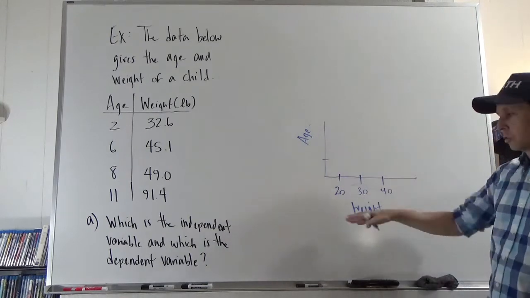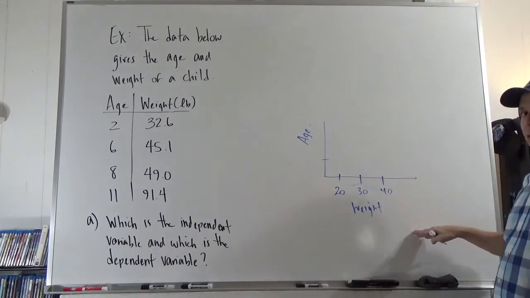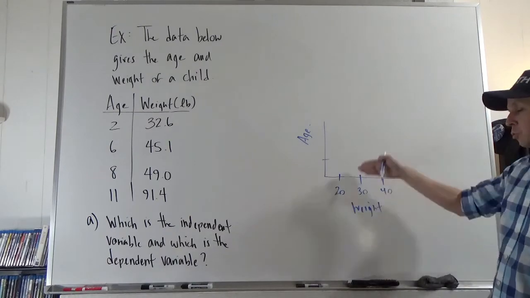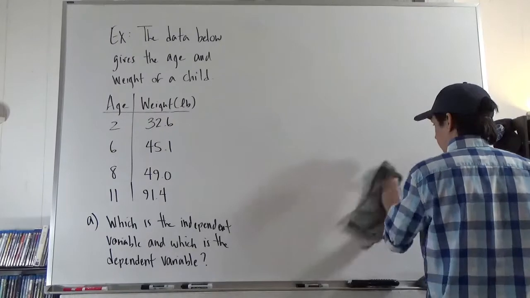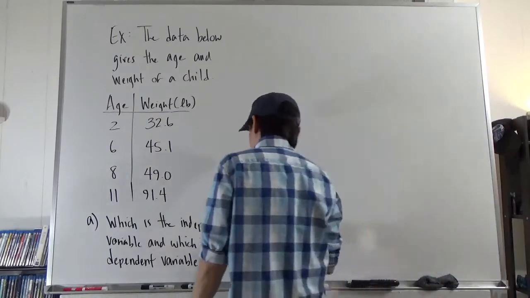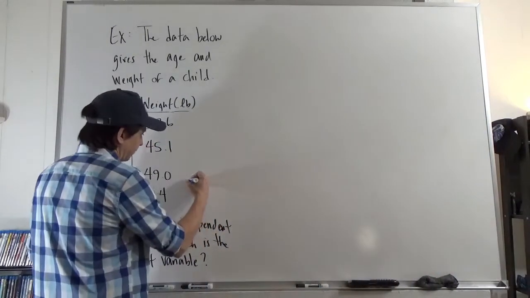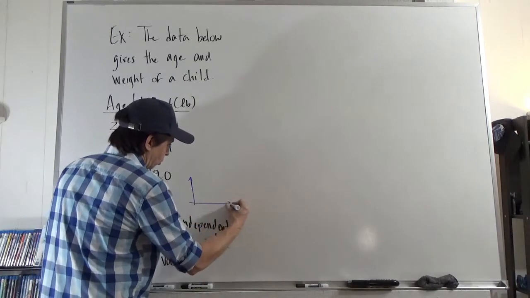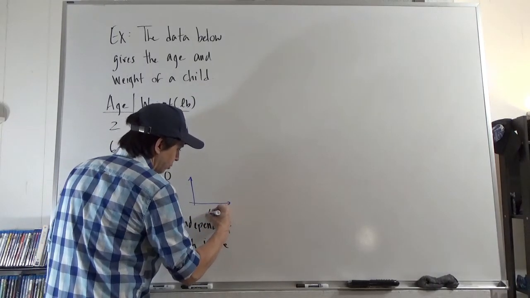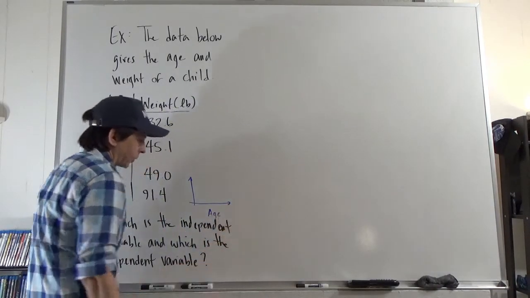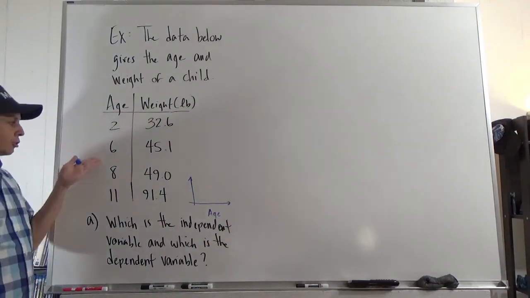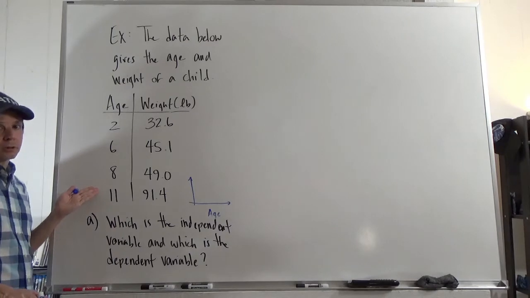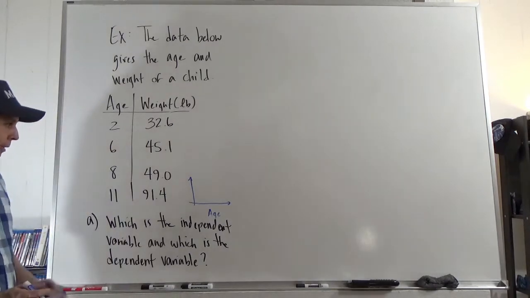More likely you will see the age along here, time going along here, and then we'll see his weights going up or down. So you instinctively would want to put time along here, so the age. And therefore that's like x, that's an independent variable. The kid just ages along and nothing's going to stop that, nothing's going to speed it up or slow it down.